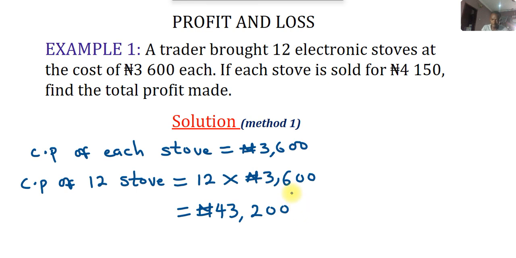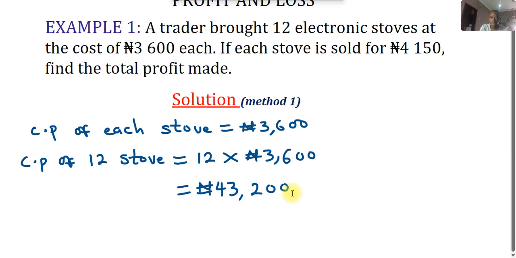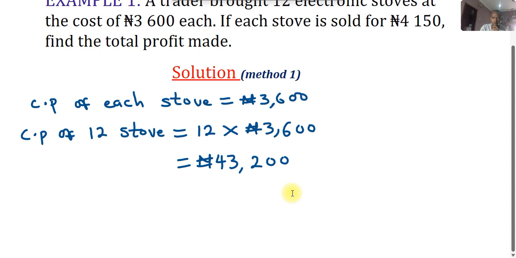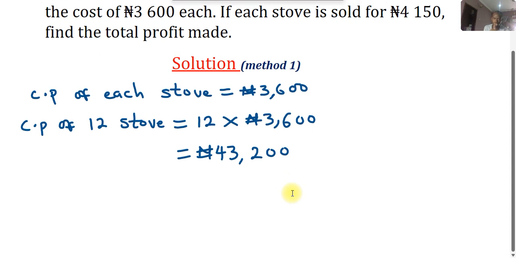That is the cost price of 12 stoves. Now we are told in the question that he sold each for 4,150 naira. I'm done with the cost price. Let's talk about the selling price now.